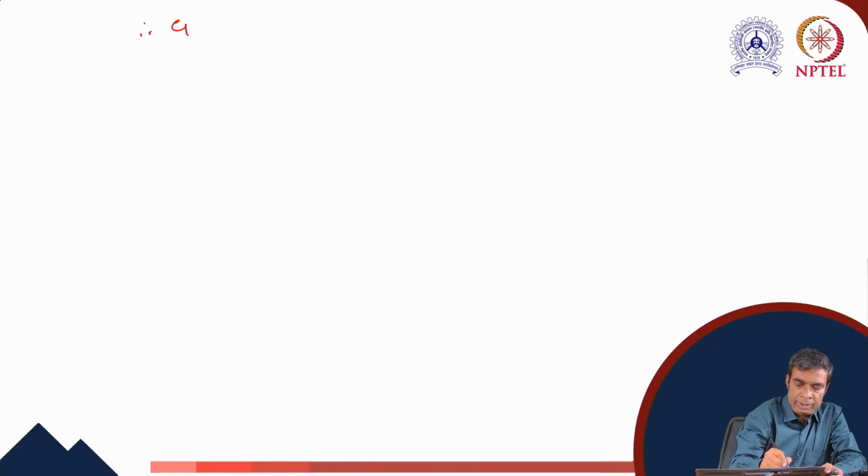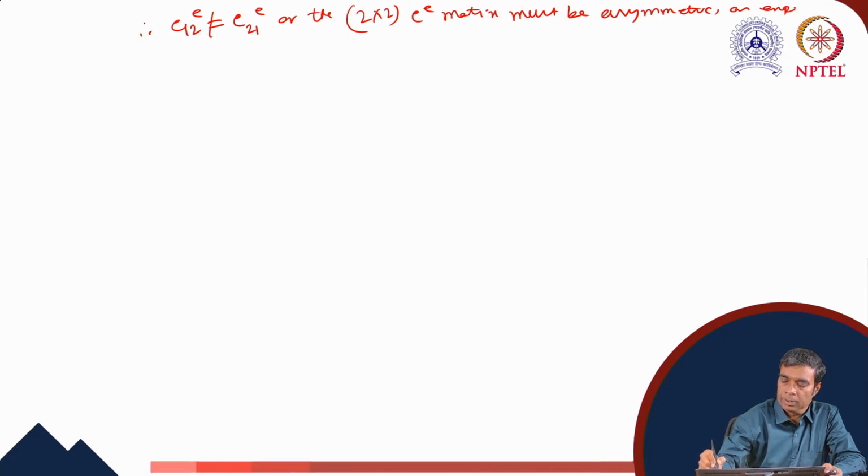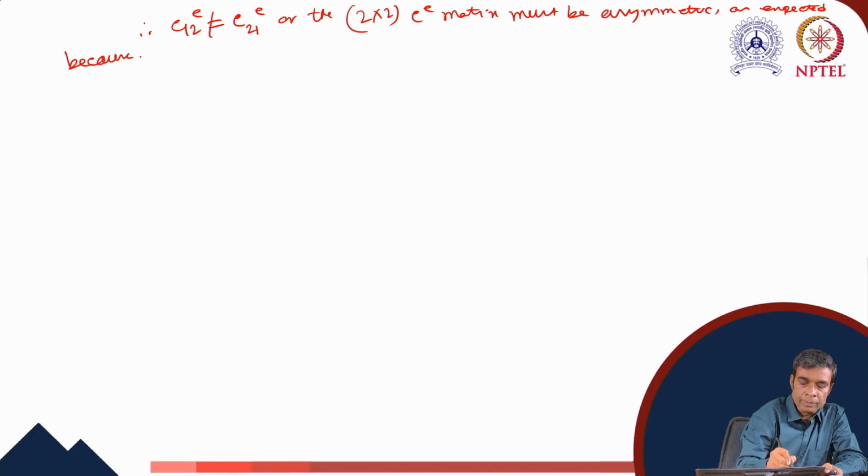Therefore C12E is not equal to C21E, or the 2 by 2 CE matrix must be asymmetric, as expected, because of the presence of the convection term.